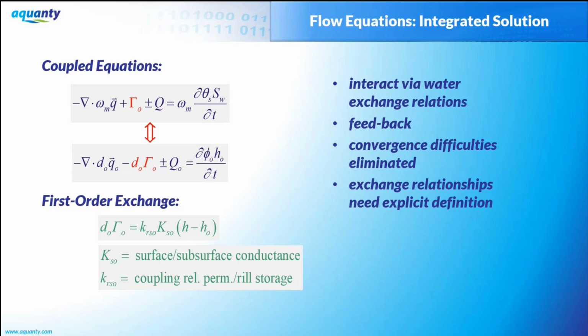So there's interaction, there's feedback. By solving everything simultaneously at each time step, we find that it eliminates convergence difficulties. By the way, we use Newton iteration with a very efficient method for assembling the Jacobian matrix. And these exchange relationships are given explicit definitions. Next slide.